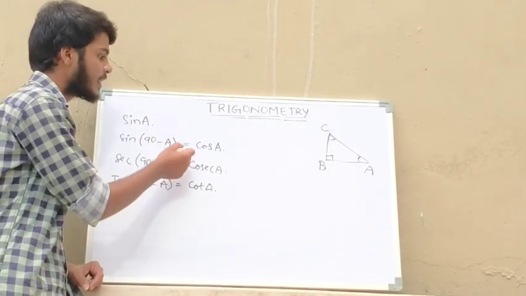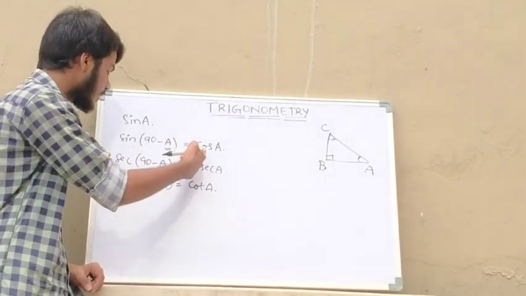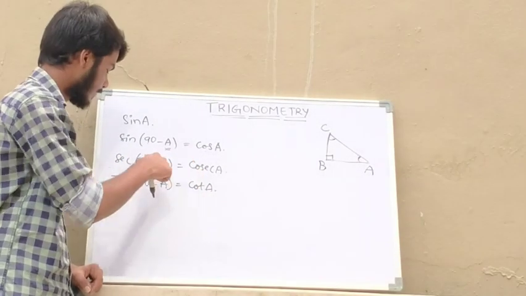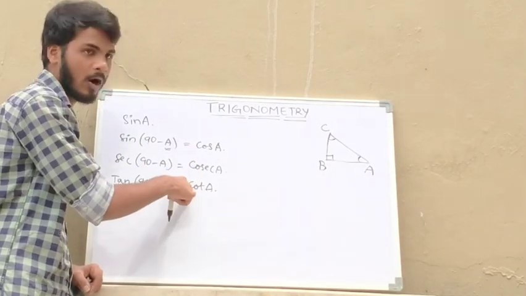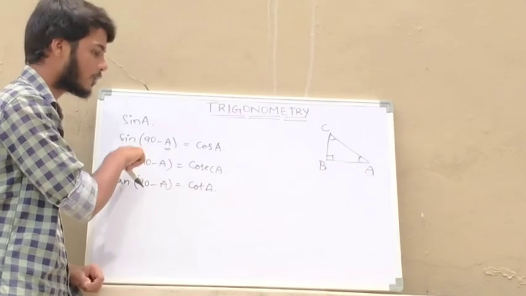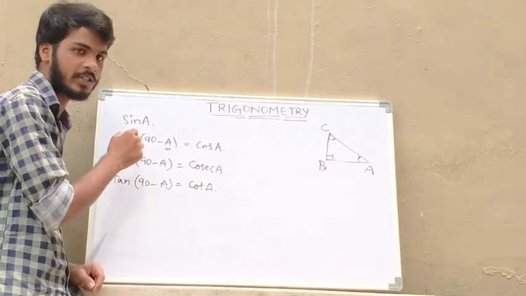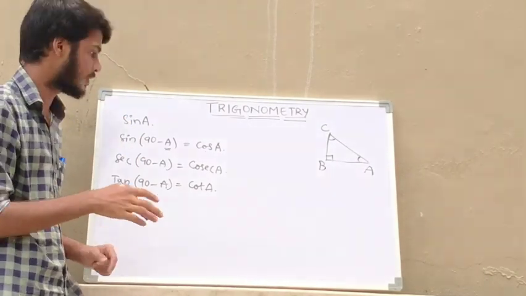So sin 90 minus A changes to cos A, sin changes to cos, secant changes to cosec, tan changes to cot. These ratios change into their co-ratios.